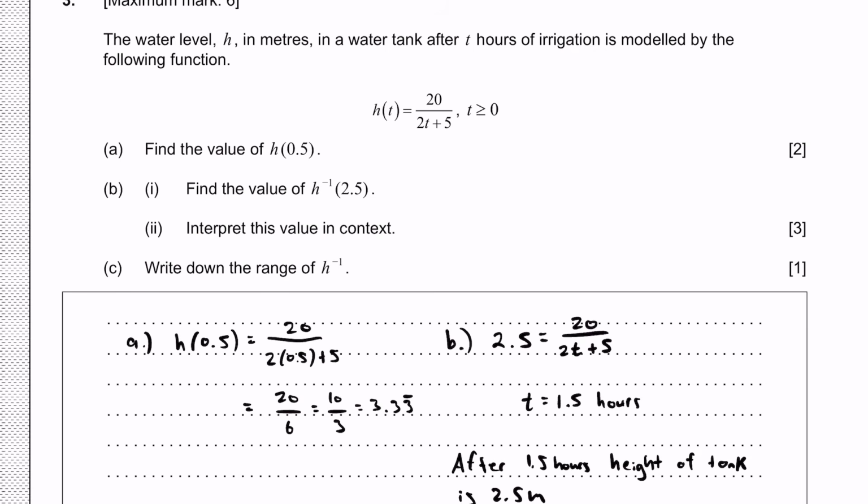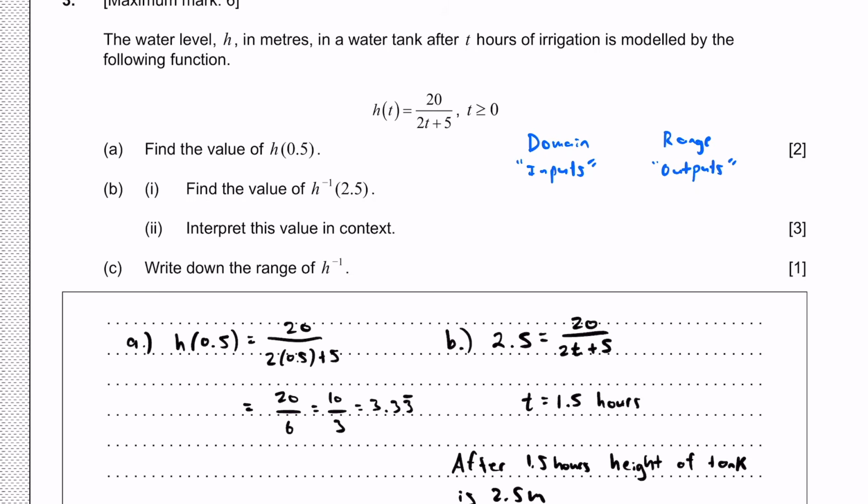So what does it mean for our inverse, however? Inverse reverses a function. And I think what's most important in this case is that our domain corresponds to inputs, in this case the values of t, and our range corresponds to outputs, in this case the possible heights that we can take.